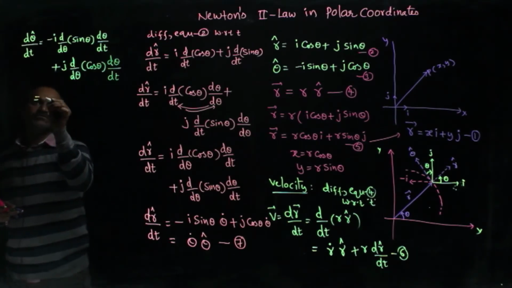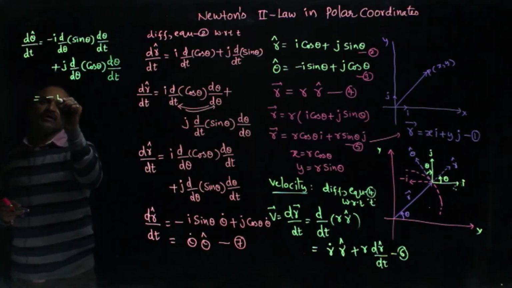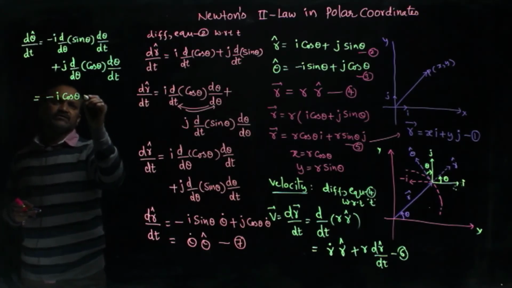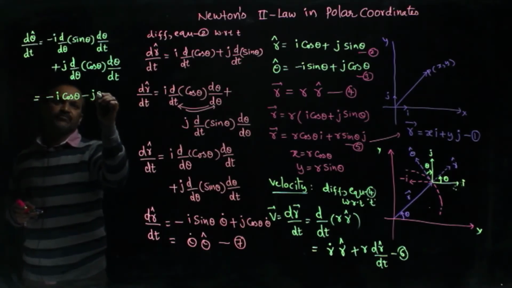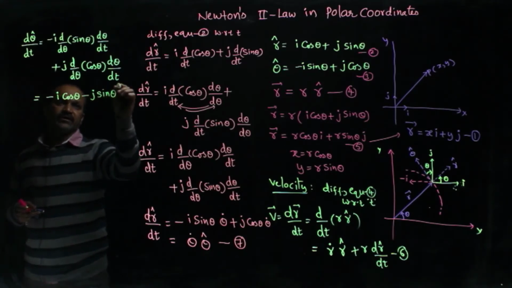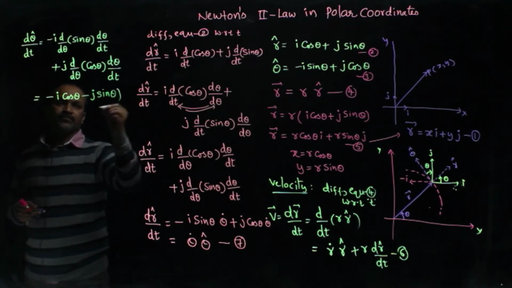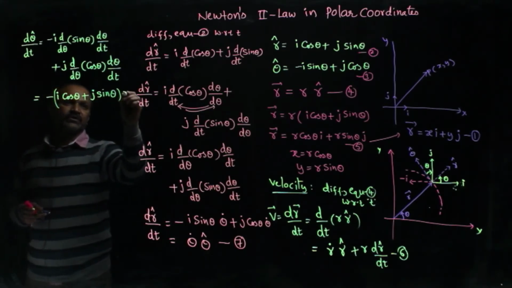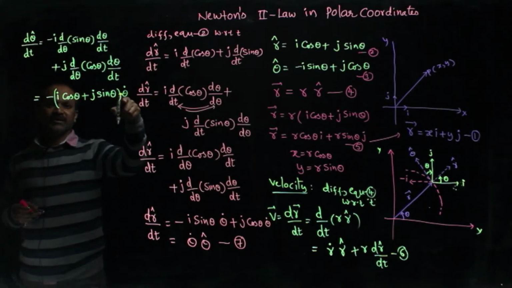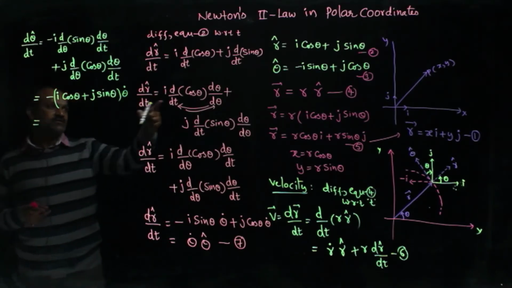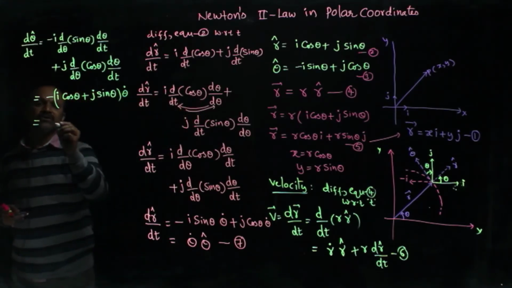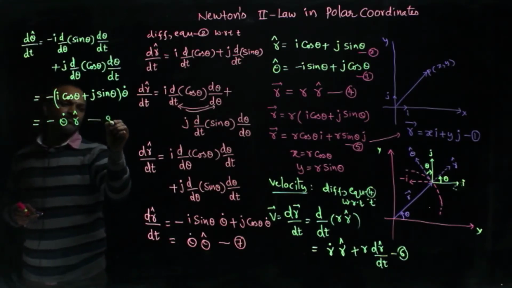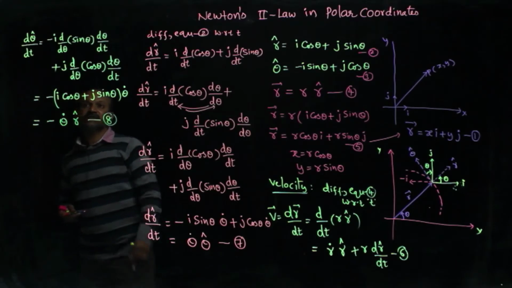Now if you substitute, minus i cos theta minus j sin theta, taking minus common, into theta dot, since d theta by dt is theta dot. See, i cos theta plus j sin theta is r cap. So this is minus theta dot r cap, which is d theta cap by dt.